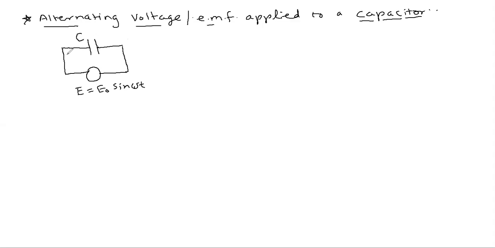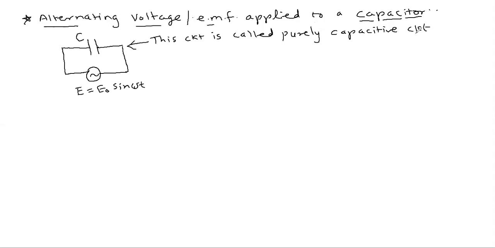So this is a capacitor. Now when the alternating voltage is applied across this capacitor, this circuit is called a purely capacitive circuit.